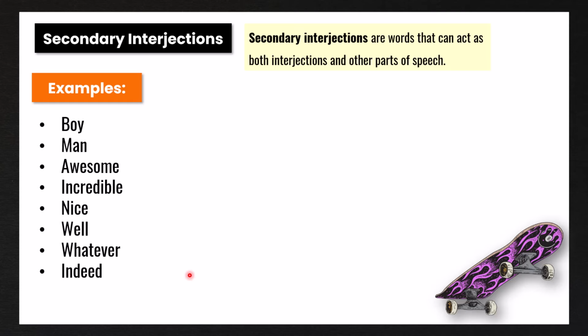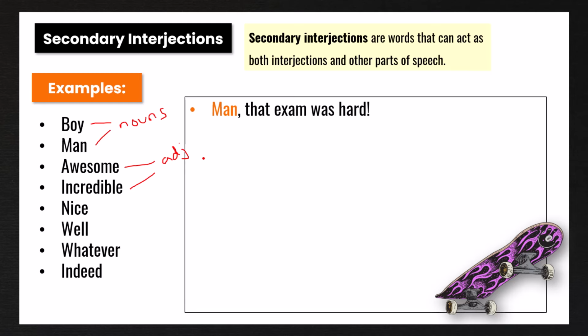These are some examples. So what this means is that all of these words are also other parts of speech. For example, boy and man are both nouns. And awesome, incredible, nice, these are all adjectives. However, they can also be used as interjections. For example, man, that exam was hard.